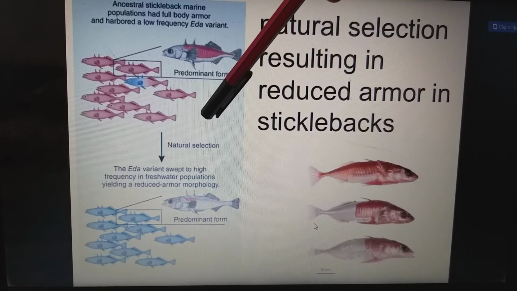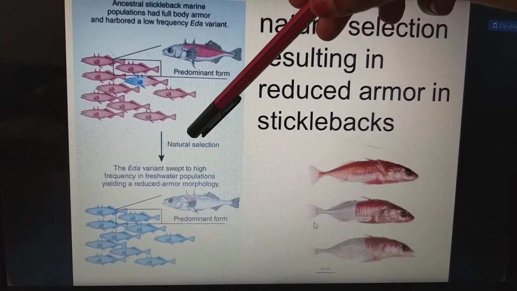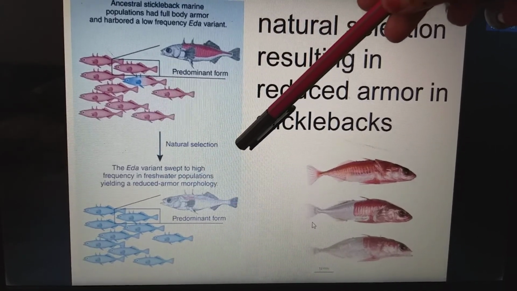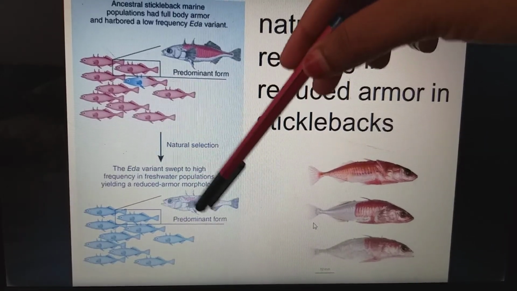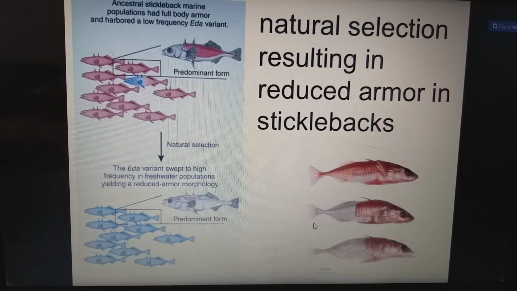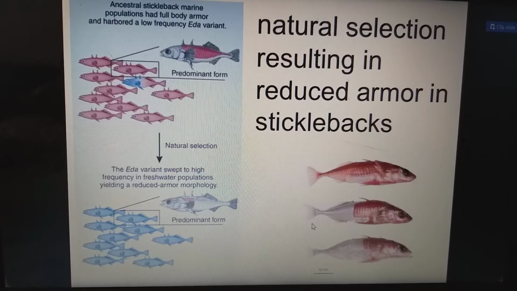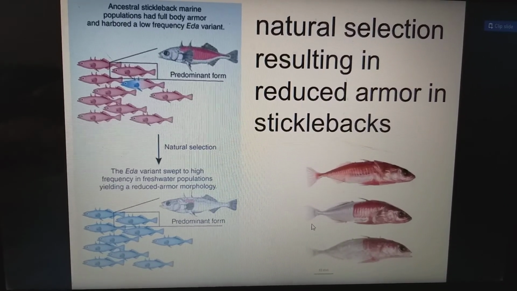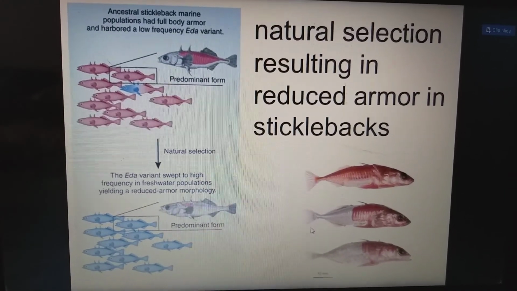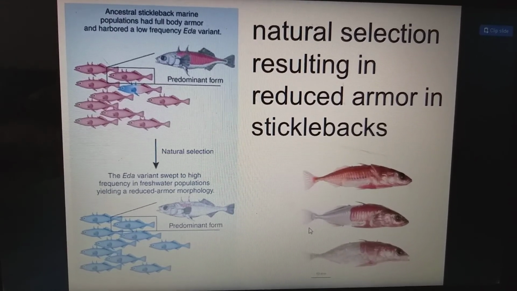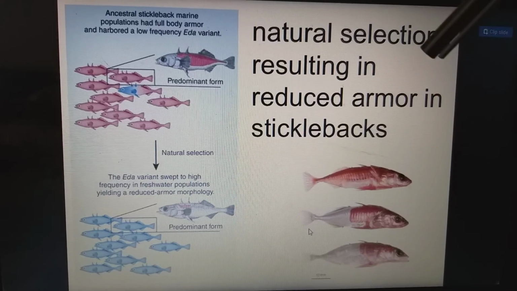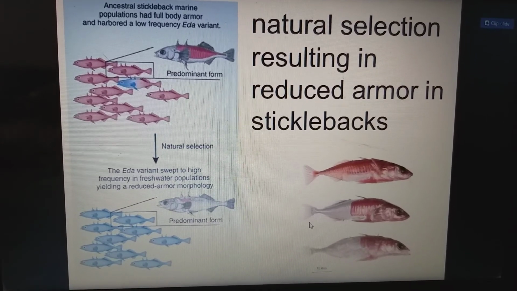Under natural selection, the Eda variant swept to high frequency in the freshwater population, yielding a reduced armor morphology. This is nothing but survival of the fittest: those adapted to the environment, their population will increase and further species will develop from that population. So natural selection is resulting in reduced armor in sticklebacks.